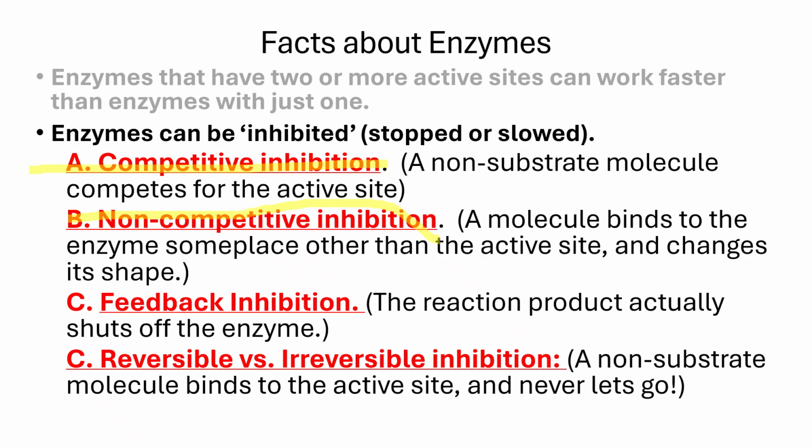So that is called competitive inhibition because the substrate that the enzyme is supposed to work on, and the inhibitor molecule are both competing for a space in the active site. Right? So if the inhibitor gets in there, the enzyme can't do anything with that. It has to kick it out and wait for a proper substrate molecule to come in.